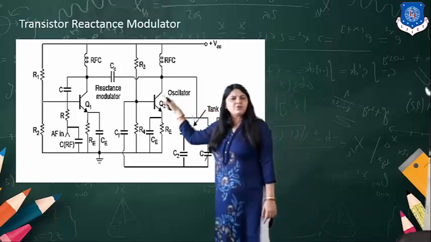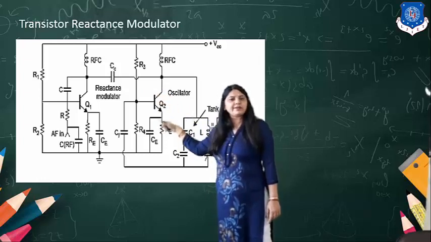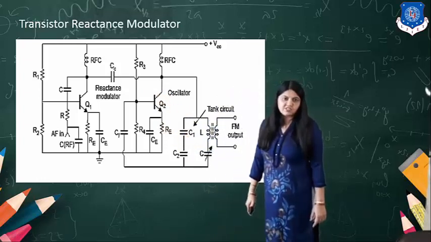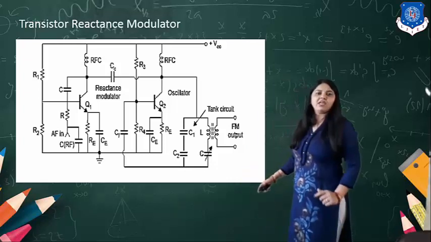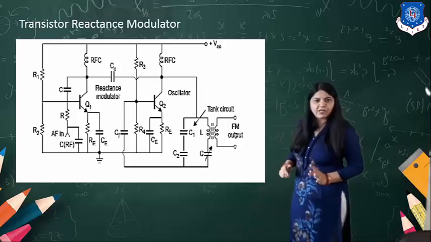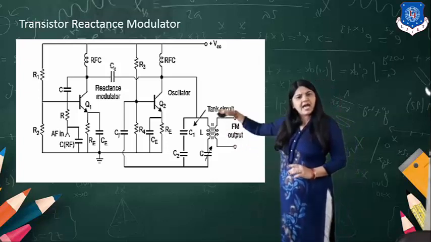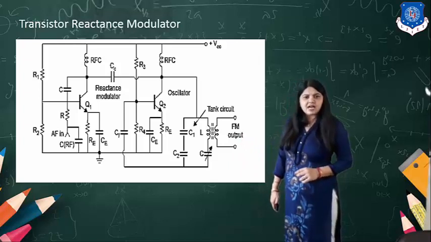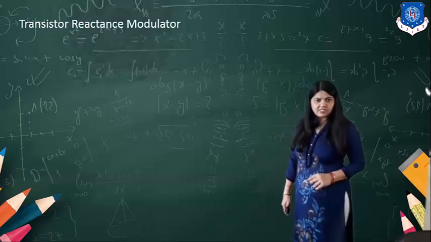Over this reactance modulator, the capacitance value can be changed, and by changing this capacitance value we can produce a change in the output frequency. So the RC oscillator circuit and the reactance modulator circuit provide us the change in the frequency of the oscillator.